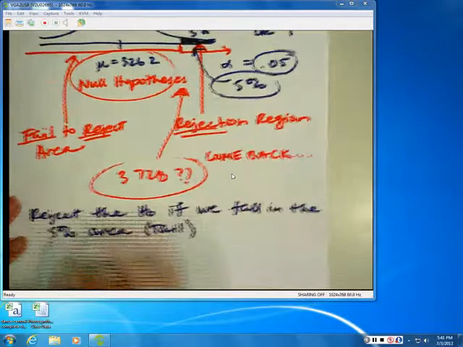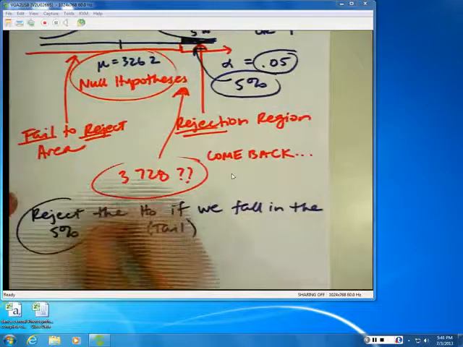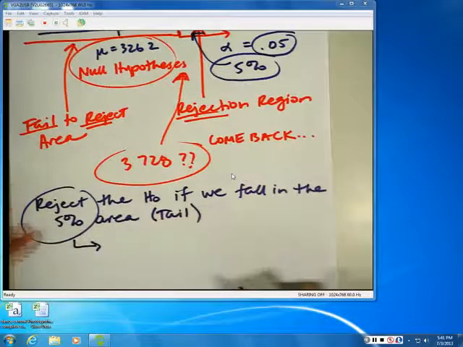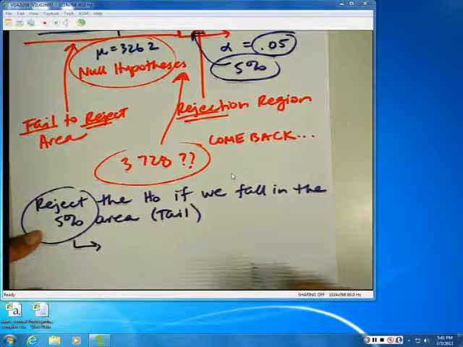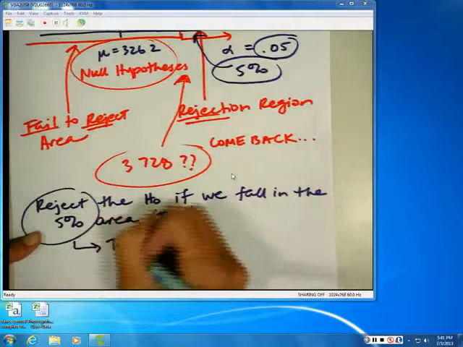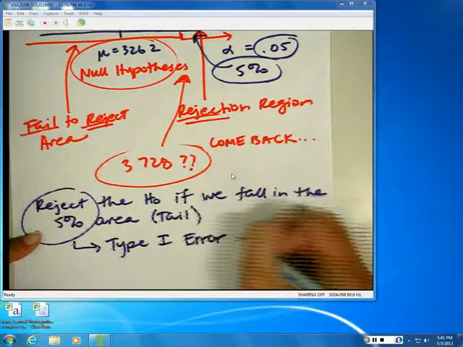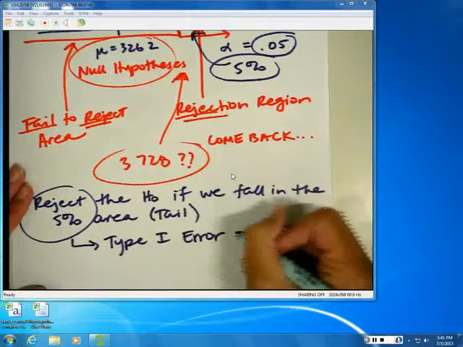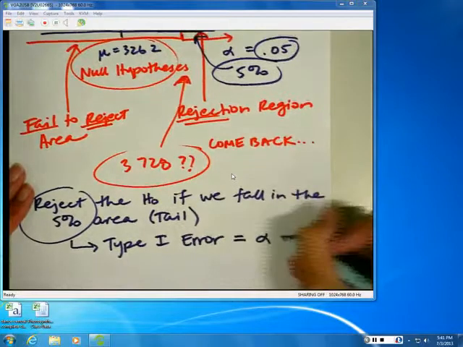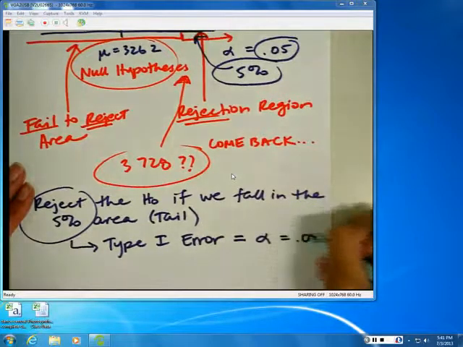Since I'm only rejecting 5% of the time, this leaves me with the possibility of an error. I could be wrong, and that would be called a type 1 error. So a type 1 error is alpha, and in this case it is 0.05 or 5%.